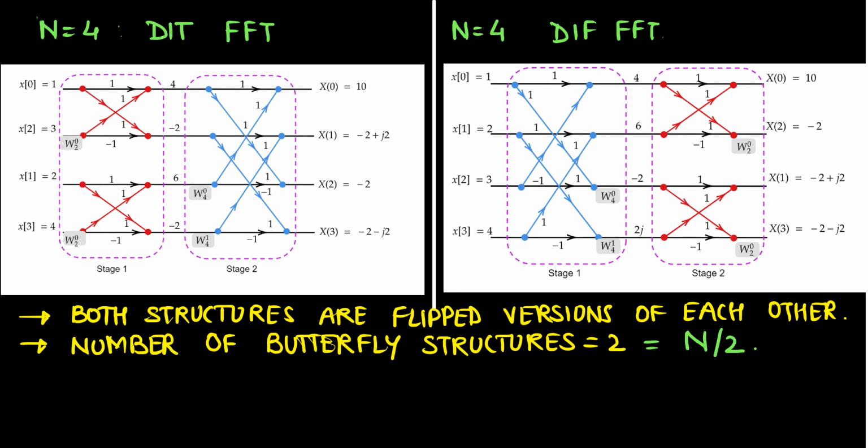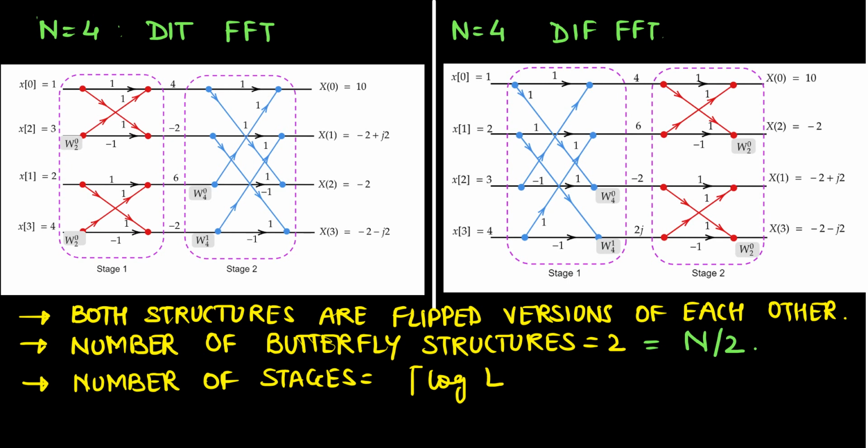And we had already seen that the number of stages in both of these cases is given by the ceiling of log N to the base 2, whereas it can also be written as log N to the base 2.